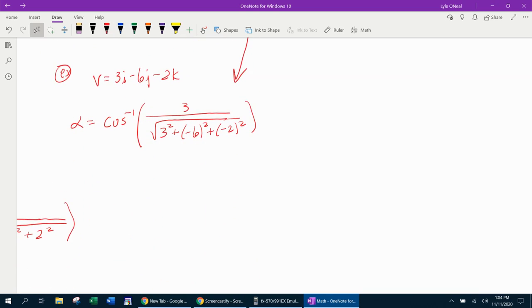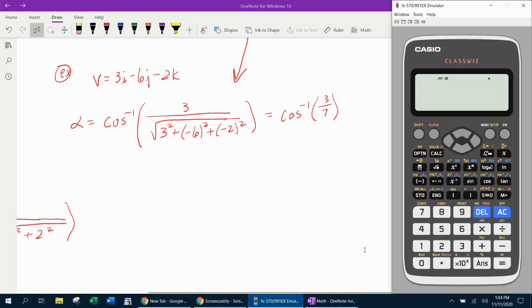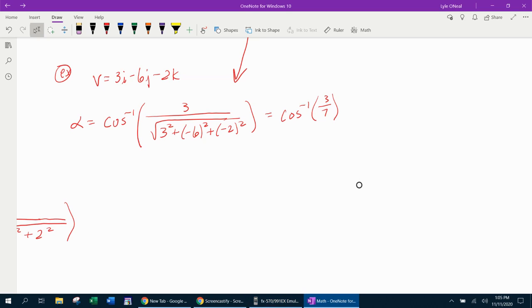So I already know what that's going to work out to be. That's going to work out to be 7. And so alpha is going to be the inverse cosine of 3/7. And the inverse cosine of 3/7 is, and I think we're going to round that to the nearest tenth, 64.6 rounded. That is the direction angle for alpha.